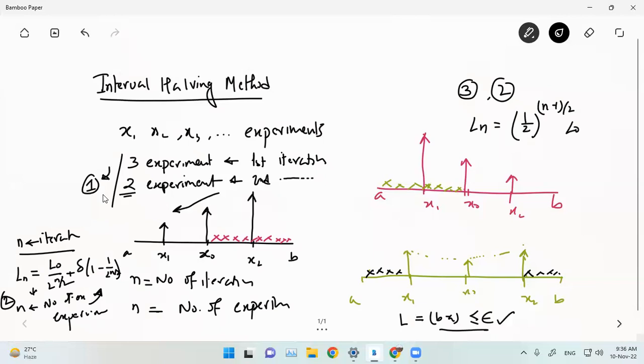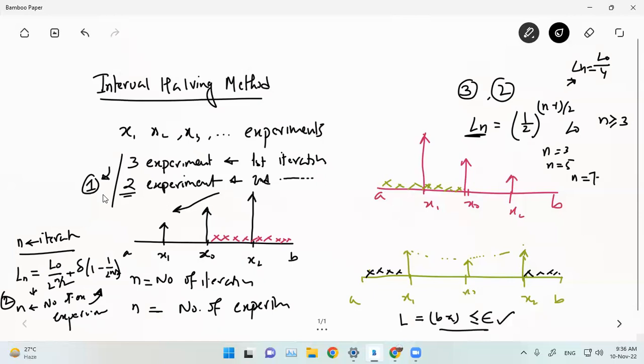This will be your interval of uncertainty after n experiments. In the first case, the experiments have to be 3, and then 5 or 7, because we are increasing by 2. So the condition given here is n greater than or equal to 3. If you set n equal to 3, we get Ln equal to L0 by 4, which makes sense because initially we are dividing into 4 equal parts.